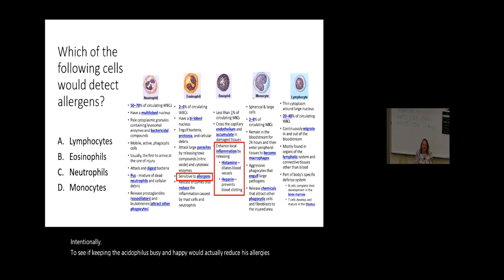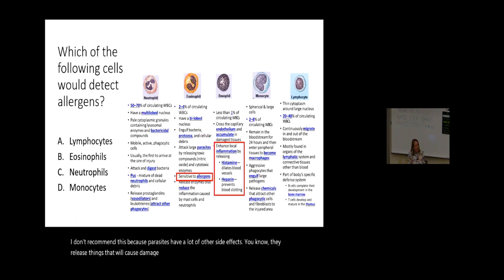I don't recommend this because parasites have a lot of other side effects. You know, they release things that will cause damage to your tissues. So I don't care how bad your allergies are, that's never the solution to go eat worms. Just take your Flonase instead and deal with it.